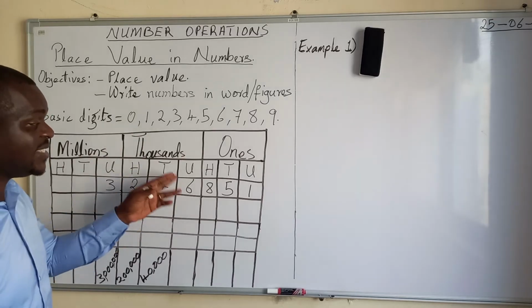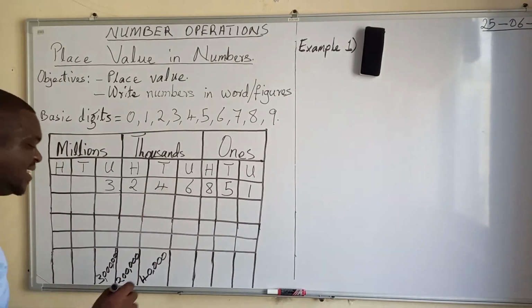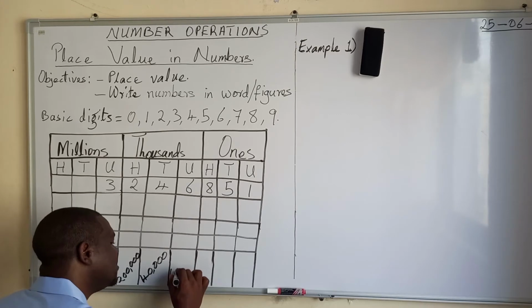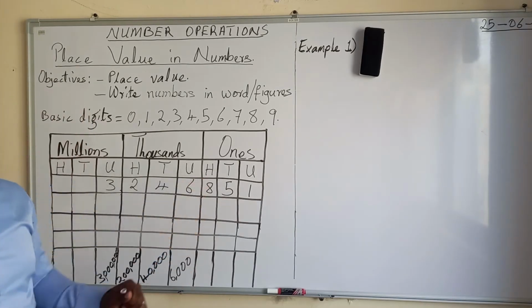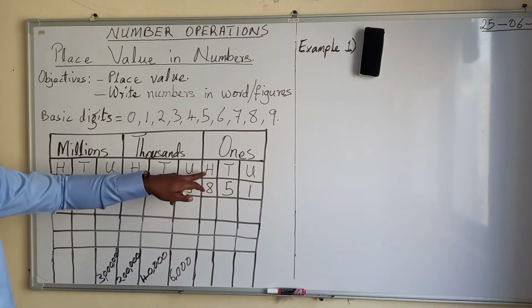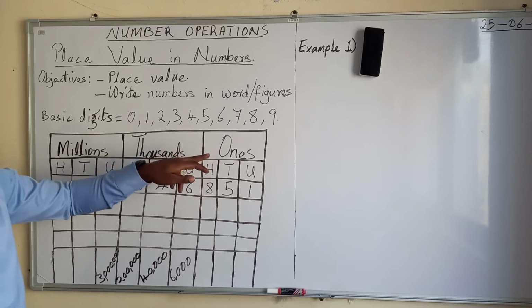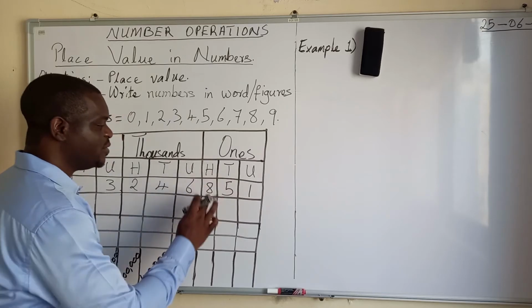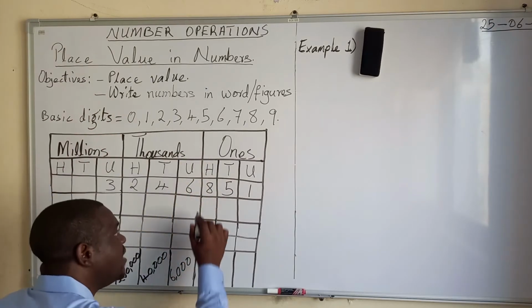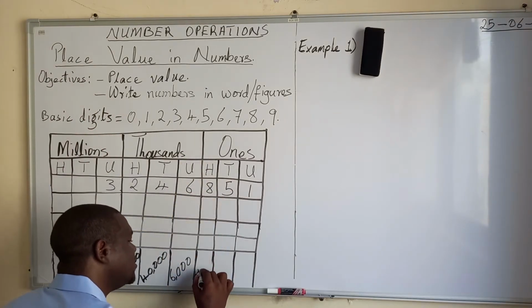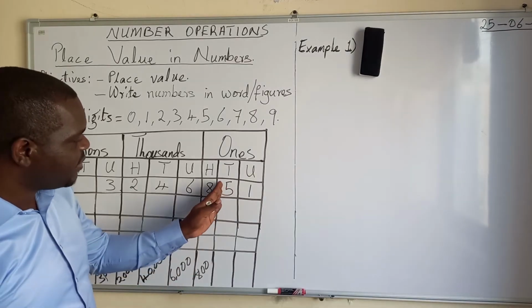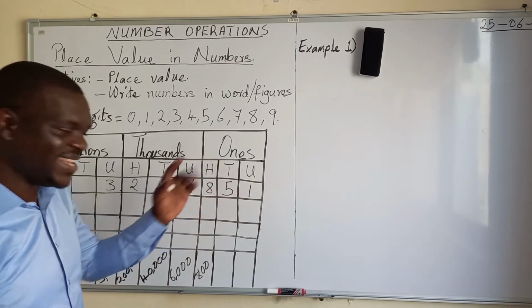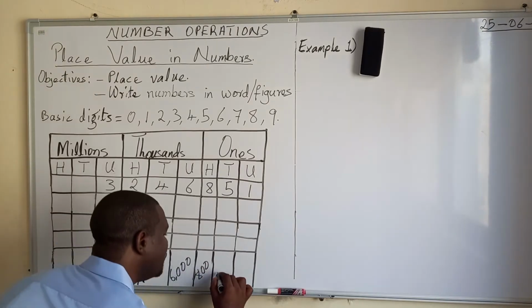And you can't write 6 units of 1,000. So you simply write 6,000. The place value of 8, in that order, 8 is under hundreds and under ones. So at this level, we are not going to write 800 ones. At this level, you only write 800. So the value of 8 is 800. Now, the place value of 5 is 5 tens. 5 tens means 50.